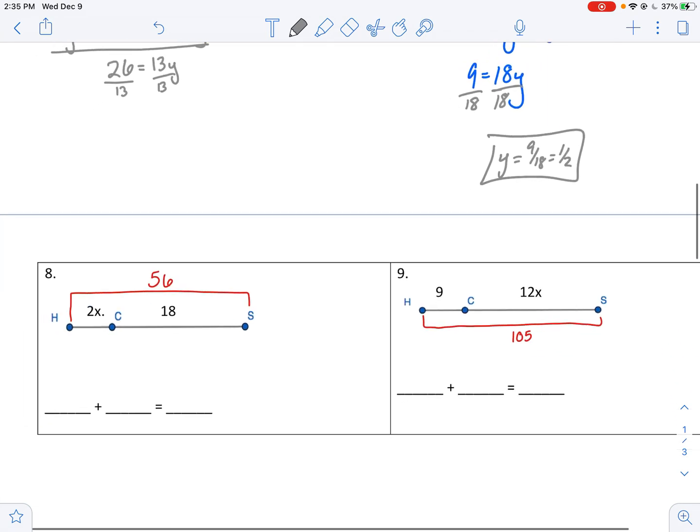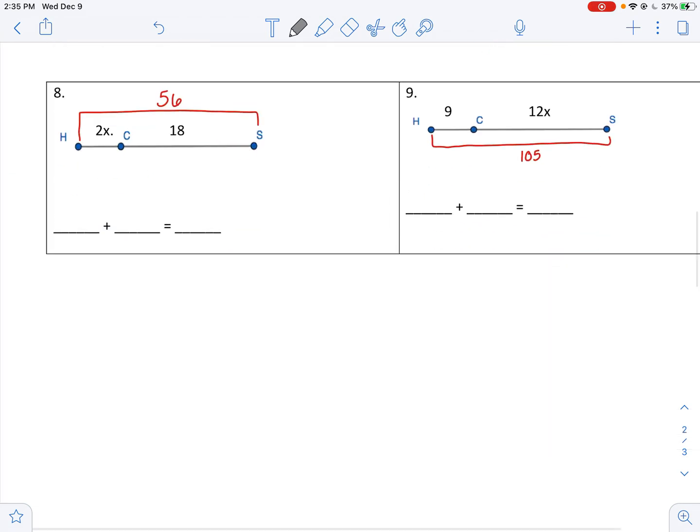Let's do the same thing for 8 and 9. We'll solve 8 together, then you can pause the video, try 9, unpause, and check your work. HC plus CS equals HS. So 2x plus 18 equals 56.